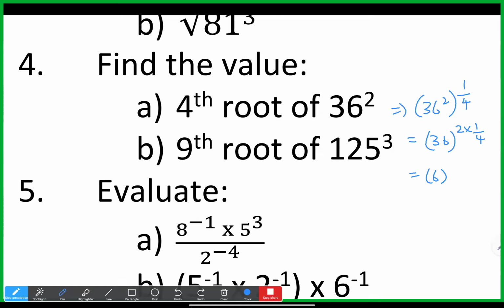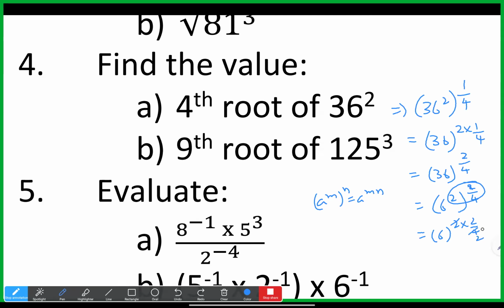So that's 36 power 2 by 4. Now 36 is 6 square, so these two will get multiplied using a power m whole power n. In the second step also we use this only. So it will become 6 power 2 into 2 by 4. So 2 2s are 2 2. So answer is 6 power.